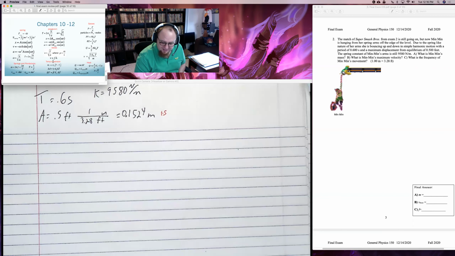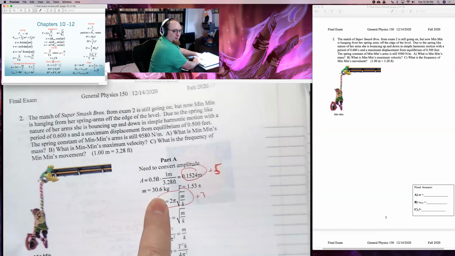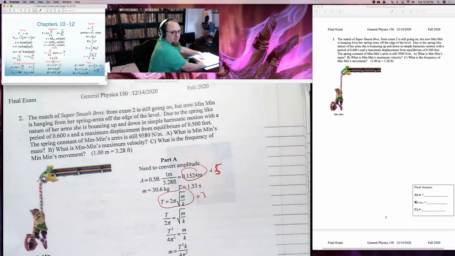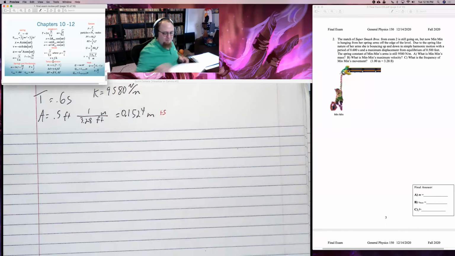There's a mistake in the solutions. That's amusing. I wrote down my knowns, and I wrote a known as a mass of 30.6 kilograms, which number came from nowhere. It's because I probably copy and pasted this process from a different problem and just forgot to fix that. That's not even the final answer. It's just I wrote that instead of K equals 9580. I'll need to fix that.